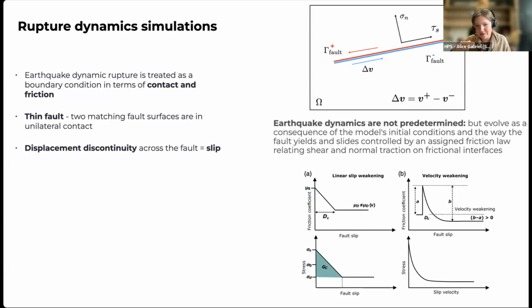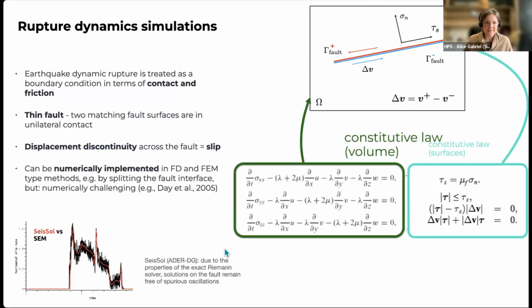Once you start moving, friction drops to some lower dynamic value. And there's velocity weakening, which is part of the rate and state friction formulations, where this drop in friction is not dependent on slip, but on slip rates, on the velocity of how fast our earthquake moves. And the displacement that is accumulating on this fault is what we call slip.